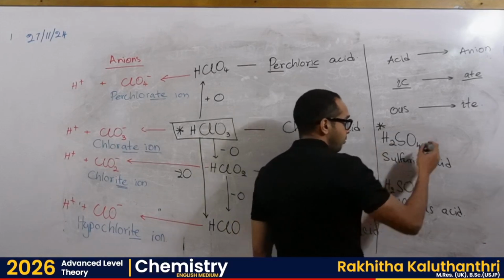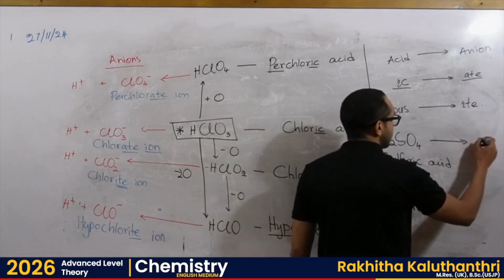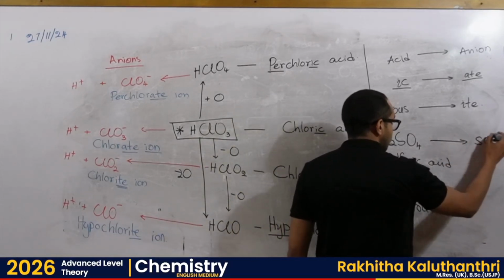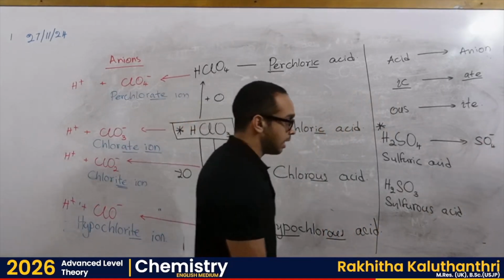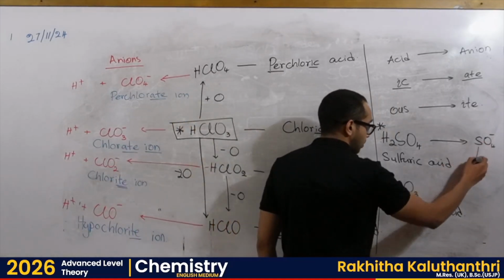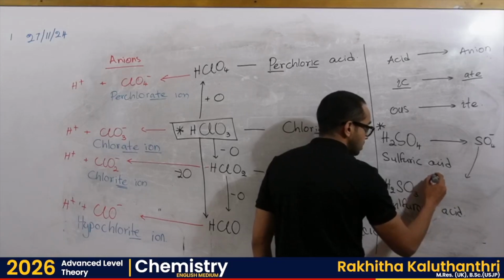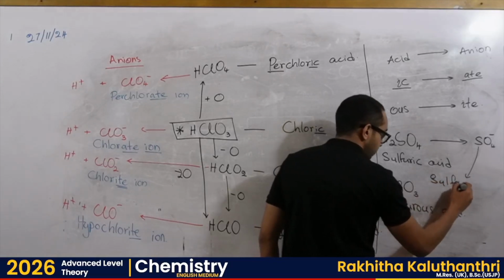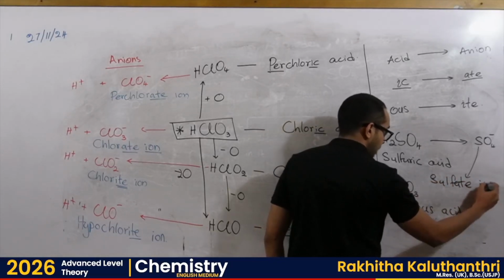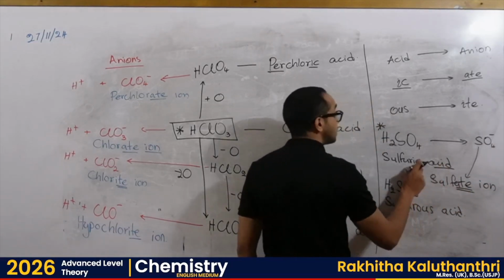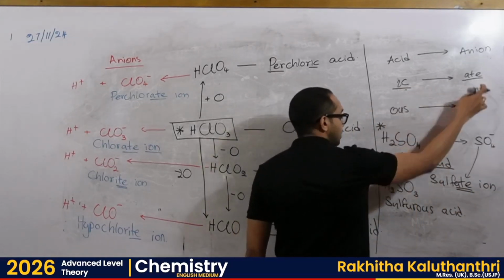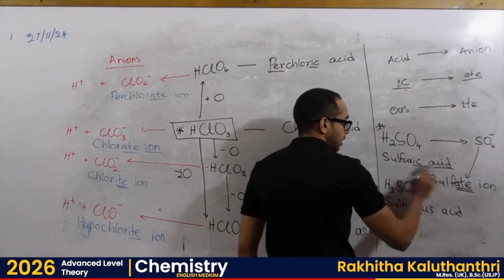So then if you're forming its anion, let's say this SO4 minus, its name, some of you might not see it there, so I will write it here. Its name is sulfate ion, ending is ATE. IC acid, IC ending gives rise to an ion with ATE ending in their name.